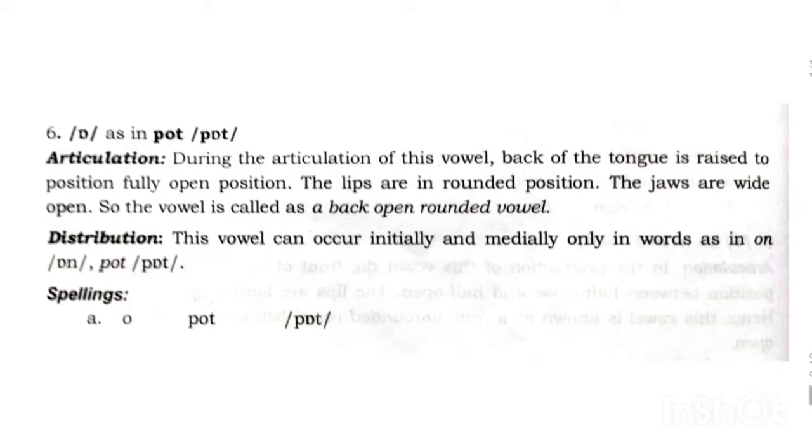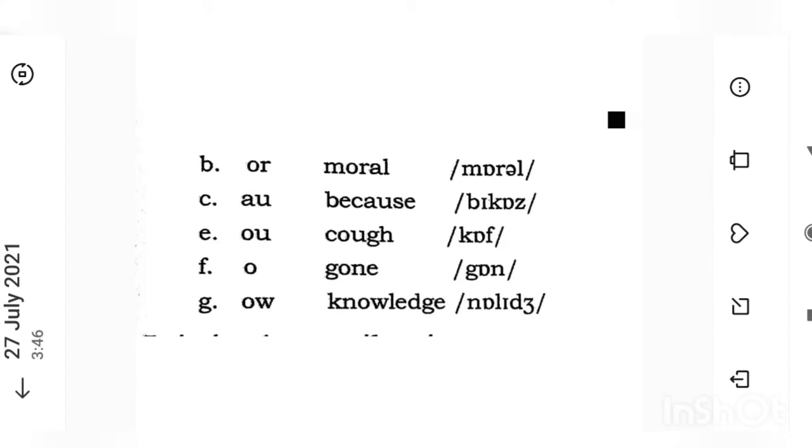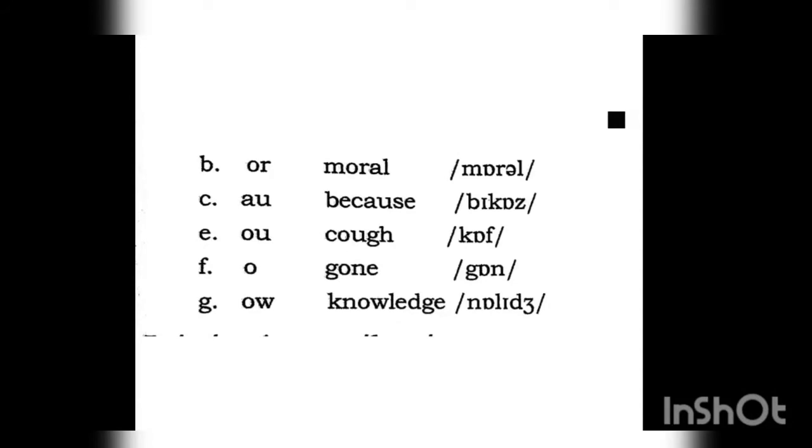Spellings. You can see the letter O stands for the vowel sound o. There are more spellings, examples given. Moral, in the word moral. Here O and R do not stand for the o sound, it is only O, because R has an independent sound r.